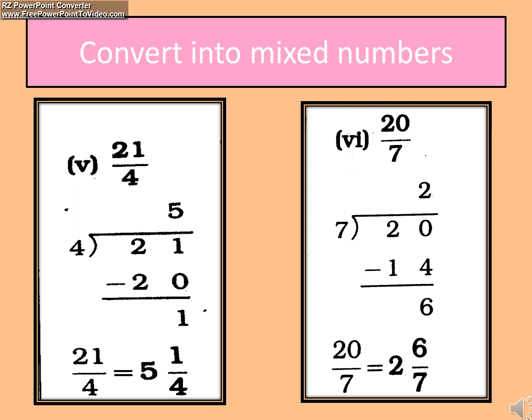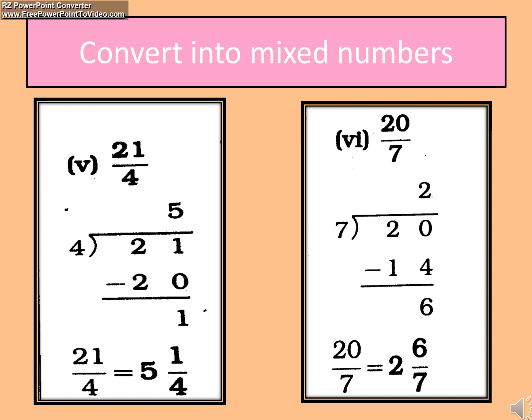Your remainder 1 will become your numerator, and denominator remains the same, that is 4. So 21 upon 4 is equal to 5 plus 1 upon 4.